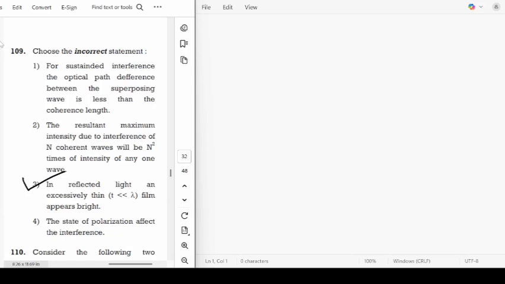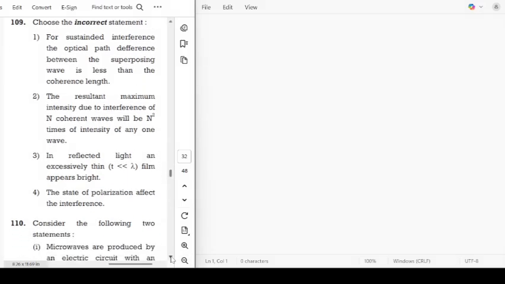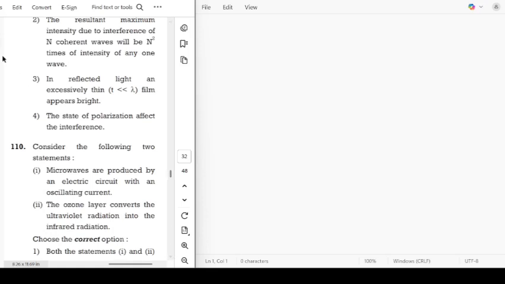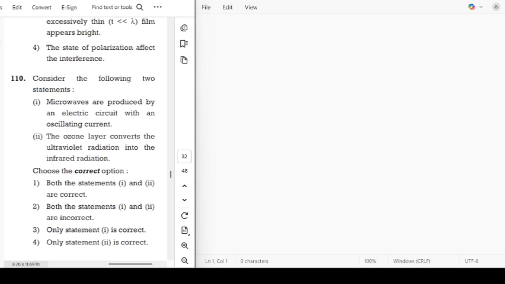Question number 110. Last question of today's lecture is about microwaves. Microwaves are produced by an electric oscillator oscillating the current. Yes, microwaves are produced by electric or oscillating current.